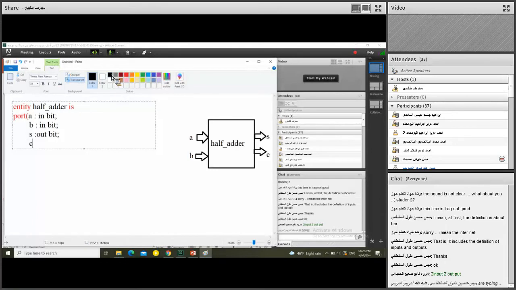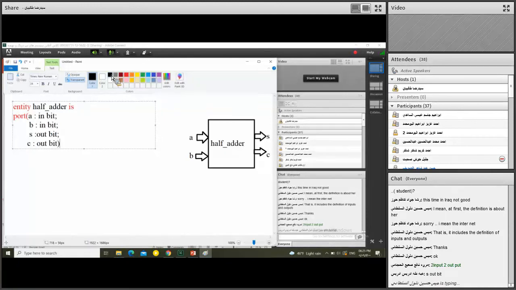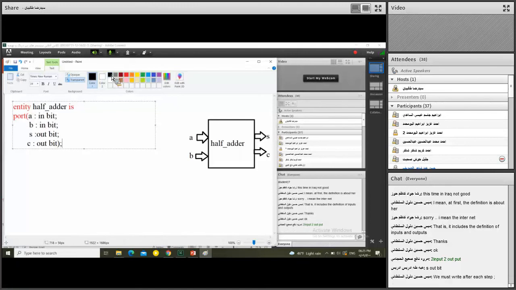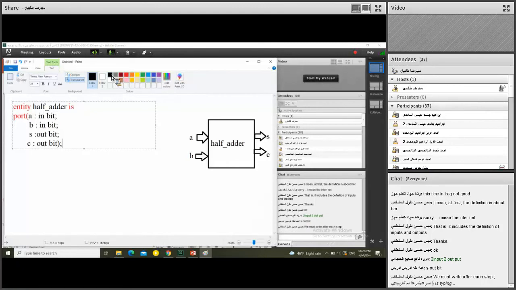C is output and its type is bit. Bit means that it is a bit number, only a one bit number.